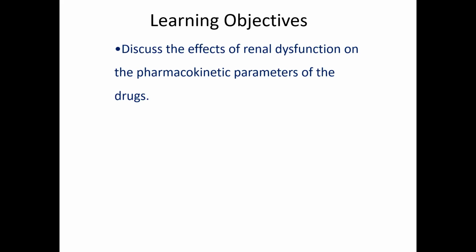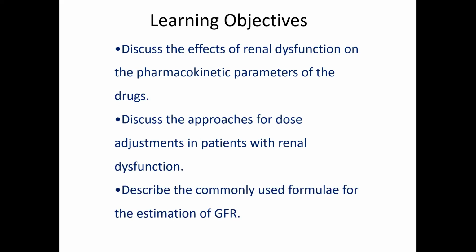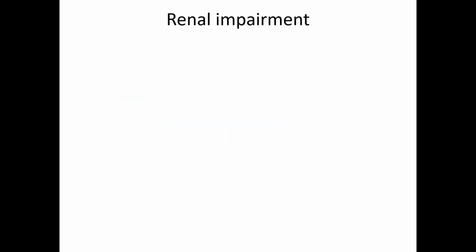I will repeat some of the same graphs which we used to have in POD. And when you have to use a drug in a patient with renal dysfunction, what are the approaches you need to employ for the safe administration of the drugs, and the commonly used formulae for the estimation of glomerular filtration rate, GFR.